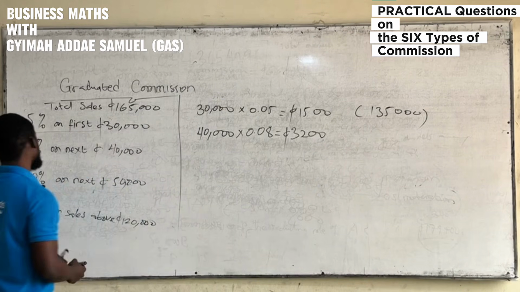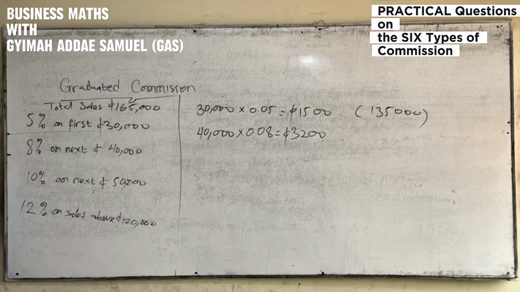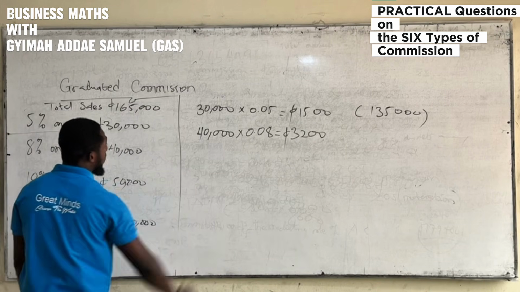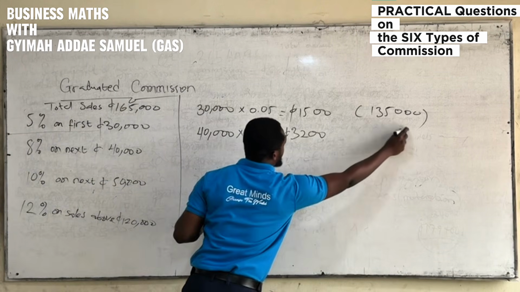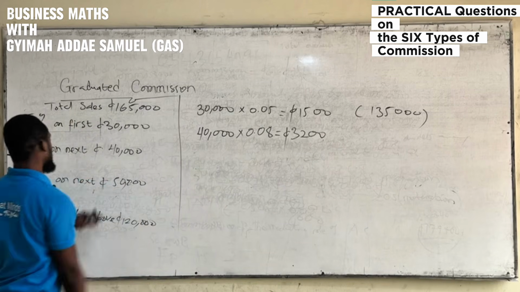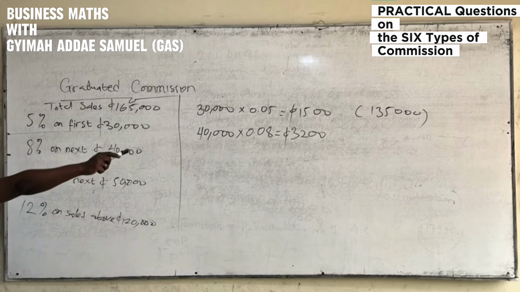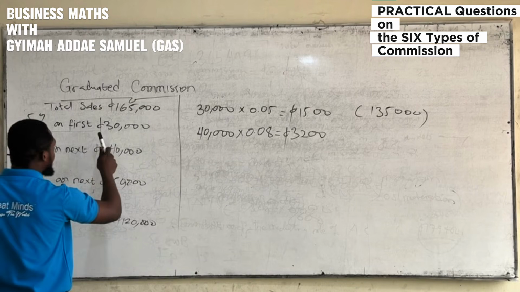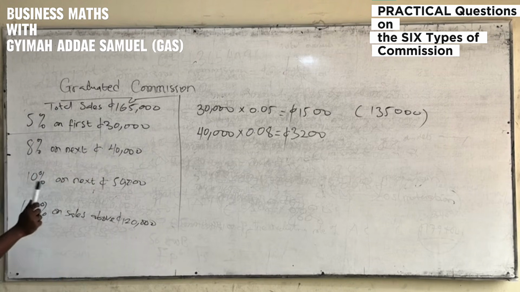So now we proceed to the next. Before we can check whether we are eligible to find 10% on the next 50,000 Ghana cedis, we would have to subtract 40,000 from 135,000. The 135,000 was gotten when we subtracted 30,000 from 165,000.